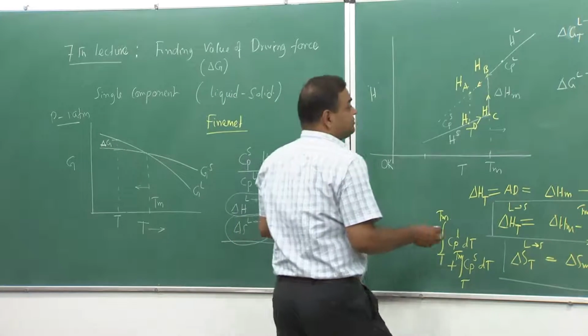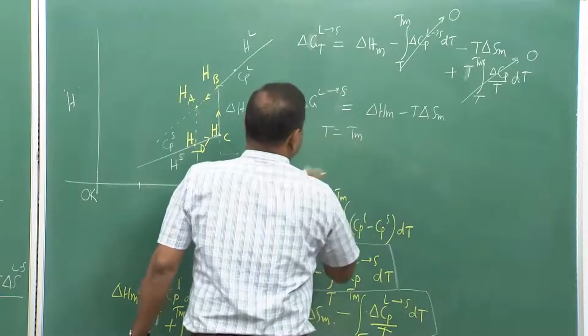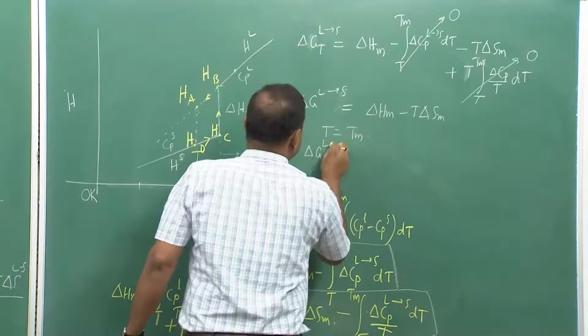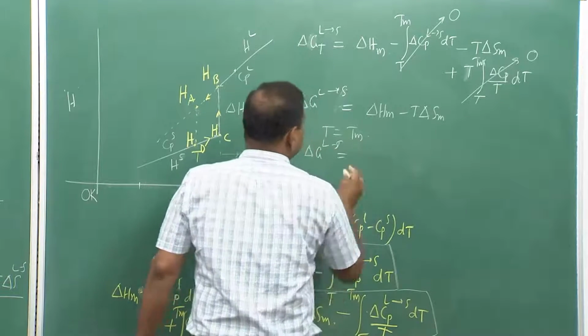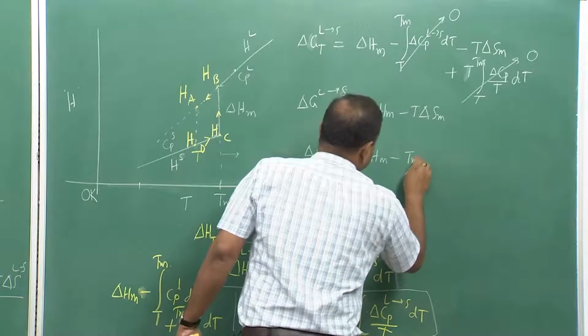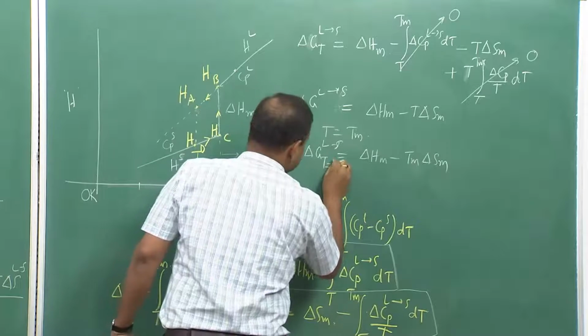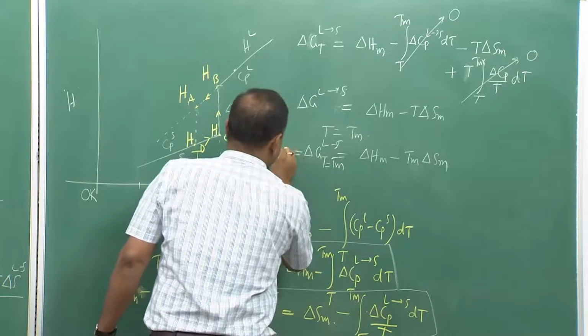So if we take T to be Tm, then del G liquid to solid is del Hm minus Tm del Sm, and this at T equal to Tm is nothing but 0.